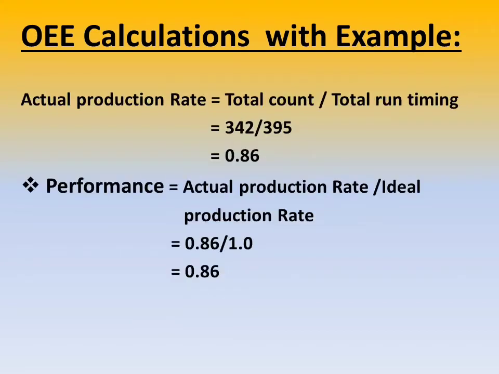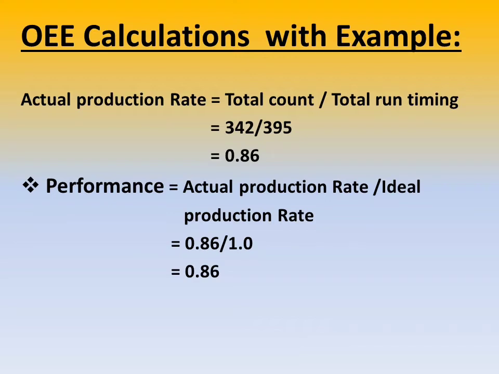Before calculating the performance, we have to calculate the actual production rate. The actual production rate is equal to total count divided by total run time. That is equal to 342 divided by 395. The actual production rate equals 0.86.